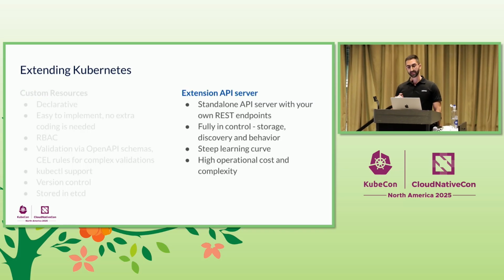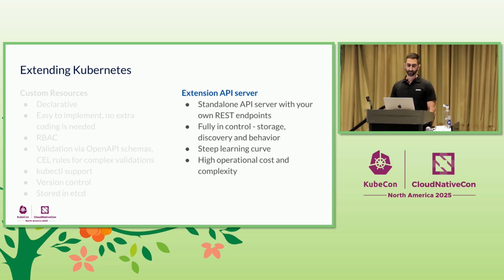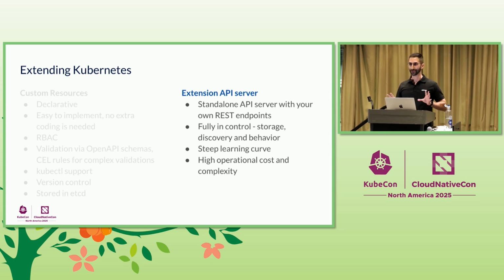The second option is with an extension API server. That's the main subject of the talk today. With an extension API server, you build your own standalone API server, like Kubernetes does. And so you're fully in control when it comes to storage, discovery, and all the logic and behavior of that server.